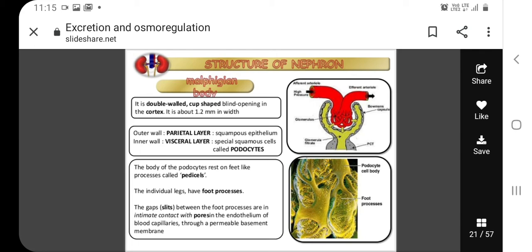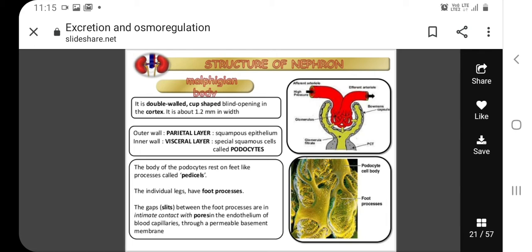In juxtamedullary nephron, the peritubular capillary network around the loop of Henle is called the vasa recta.